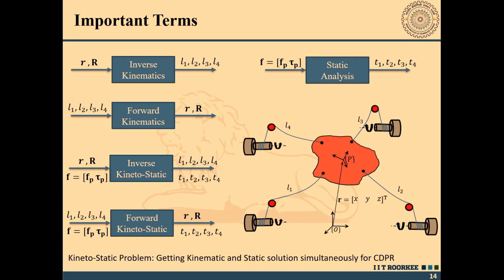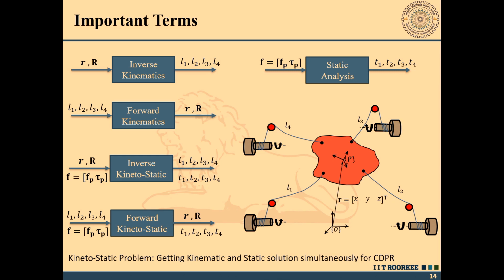Inverse kineto-statics means that you are given the position and orientation of the platform as well as the forces and moments acting on the platform, and you are interested in finding out the cable lengths as well as the tension in the cables. So, that is what we call the inverse kineto-static problem.